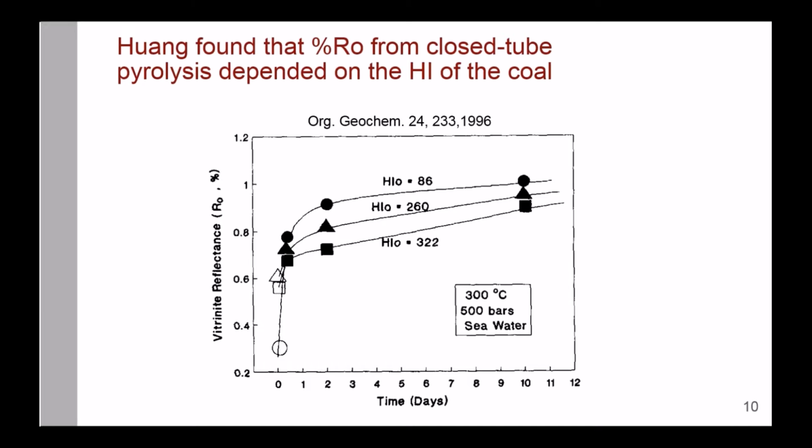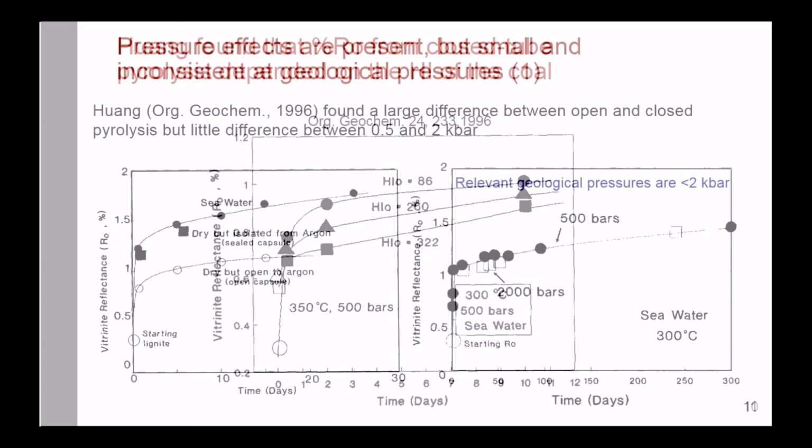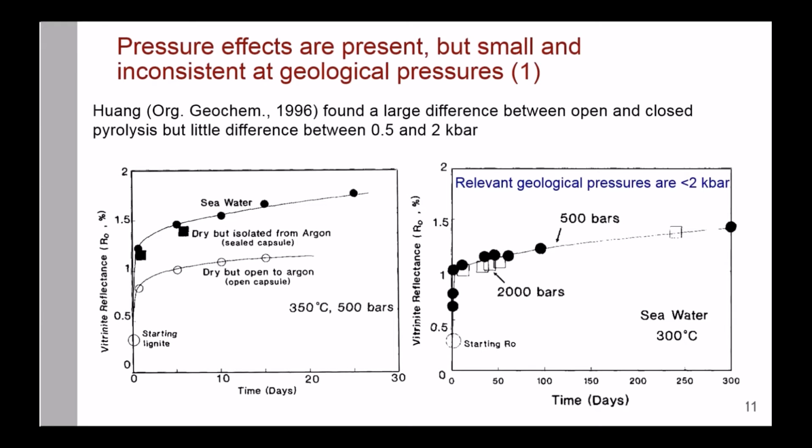At the same time, they found that pressure was not a significant factor. That's on the right-hand side. However, if you go to an open system, in fact, there is a significant difference in the way the vitrinite changes. So again, it's a very nice paper. I recommend you go back and read it if you have not.